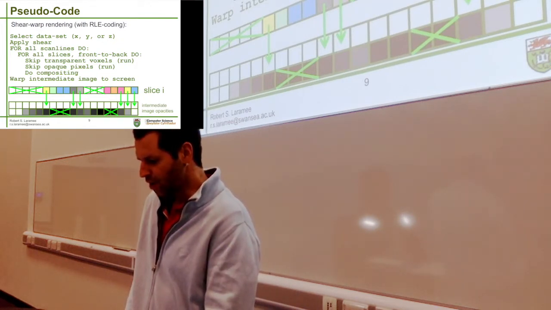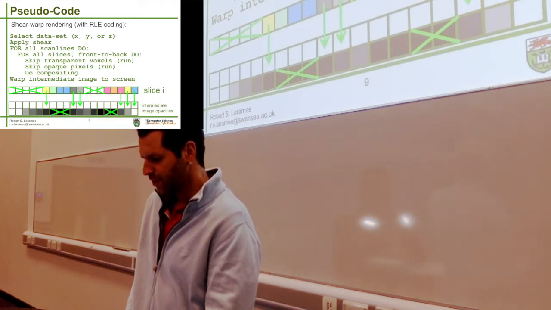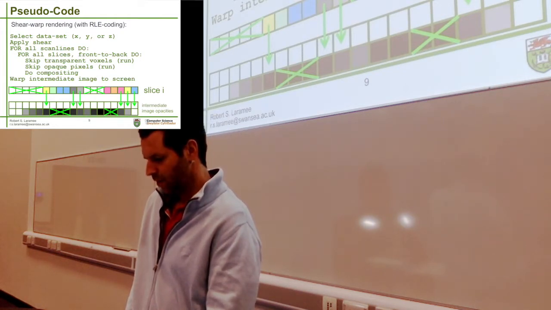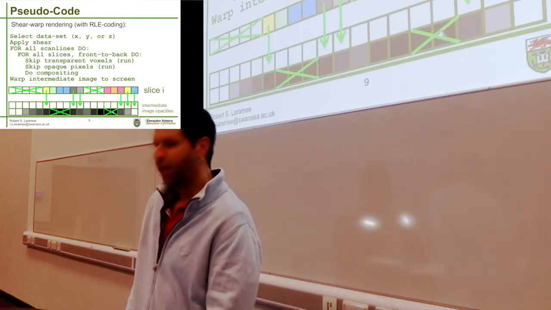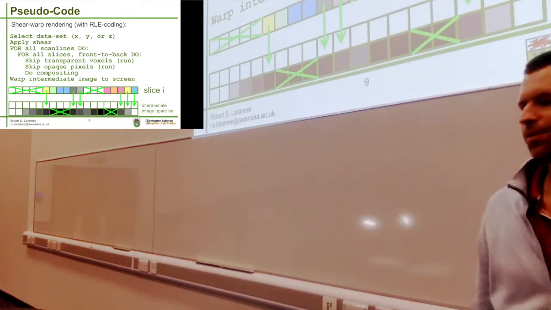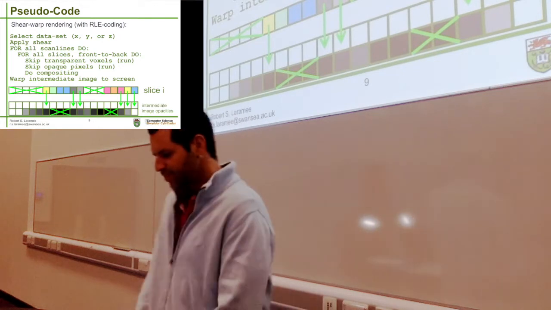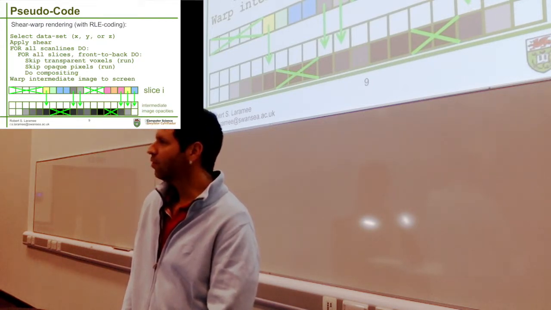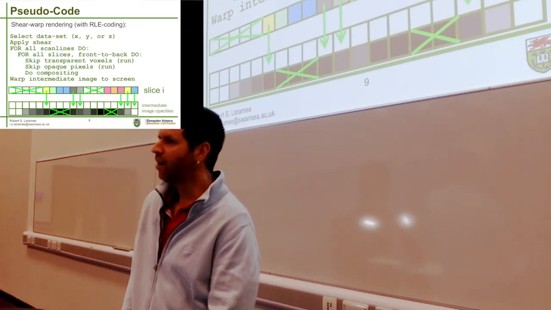Here we have a run of 3 transparent voxels, so we can skip them. Here we have a run of 2 opaque pixels, so we can skip the compositing phase. And here we have 3 voxels that are semi-transparent, and their corresponding pixels are not fully opaque, so we perform the compositing from front to back as usual.